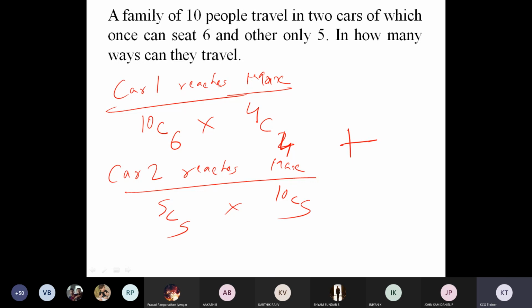How many people remaining now? 4, sir. Where will the 4 go? Obviously, these 4 will go to the next car only, right? So I'm selecting all the 4 people who should go to the next car. Yes.